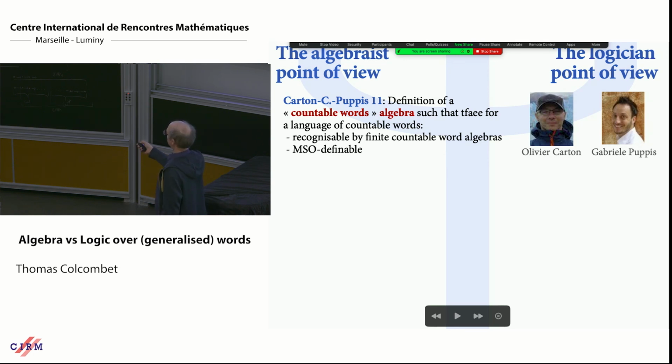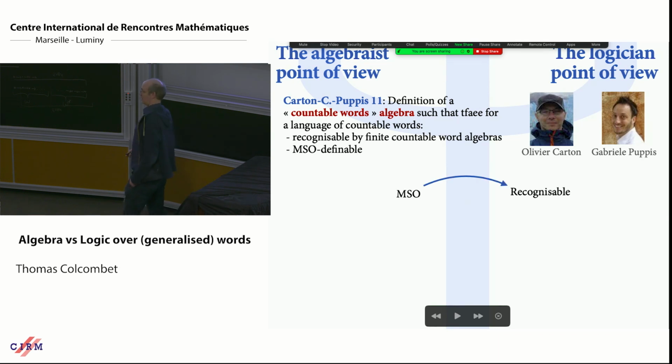So we have a notion of algebras, but with operations omega, omega star, and shuffle, and we give the axiomatization for it. And we prove that being recognizable by an algebra is a property of countable words that is the same as being MSO definable.